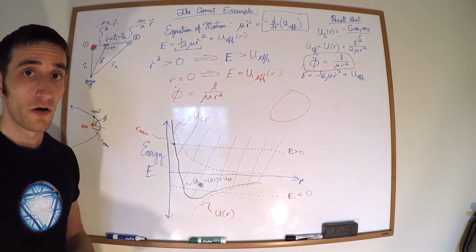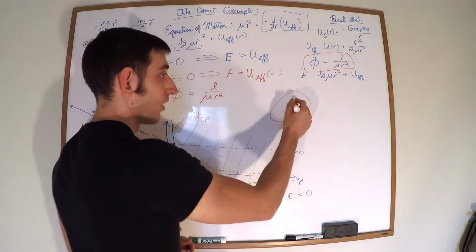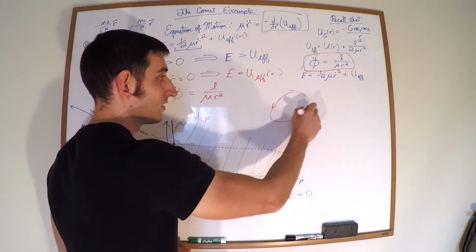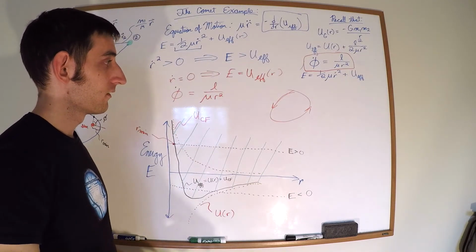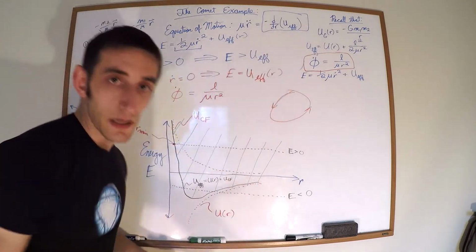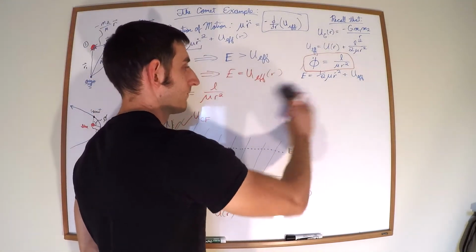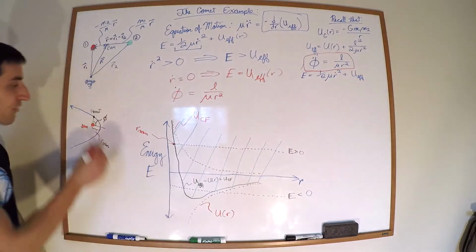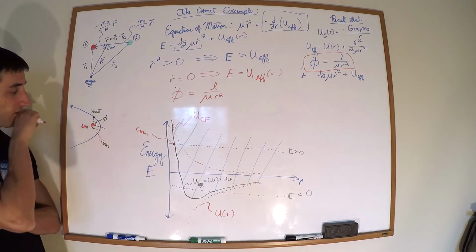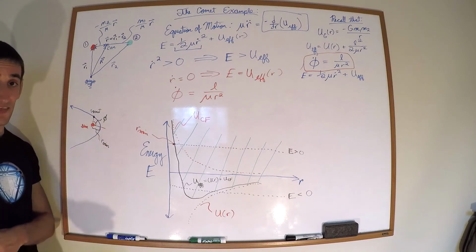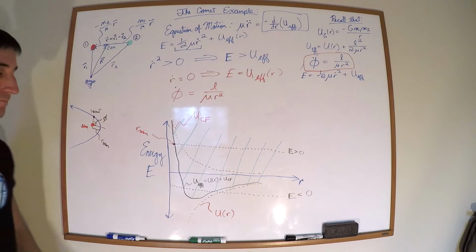Angular momentum is conserved, it's a fixed L value, so it basically has to go in one direction. If it's negative, it may be the reverse direction, but what that means is that if we're tracking the angle between this horizontal and the comet, it's always increasing.